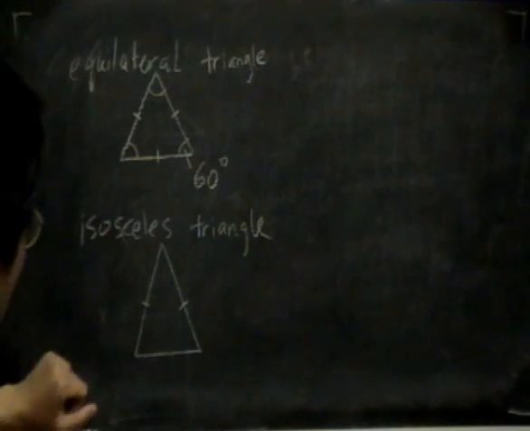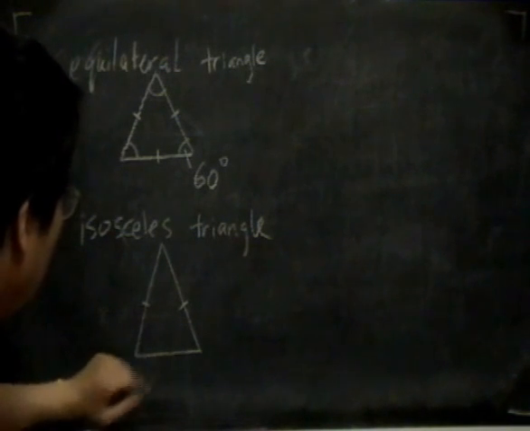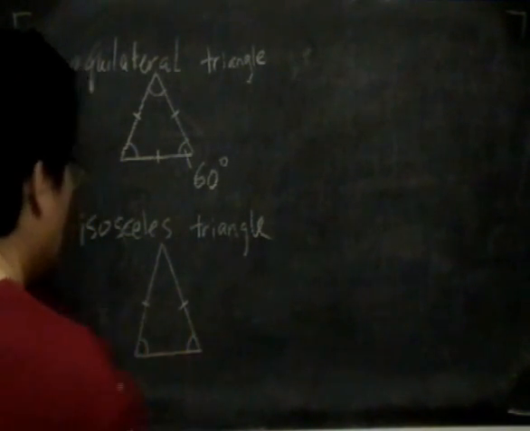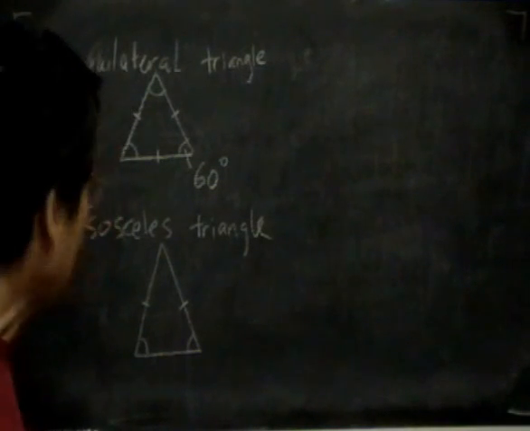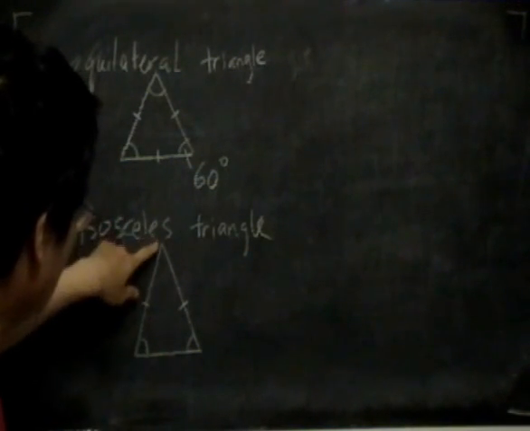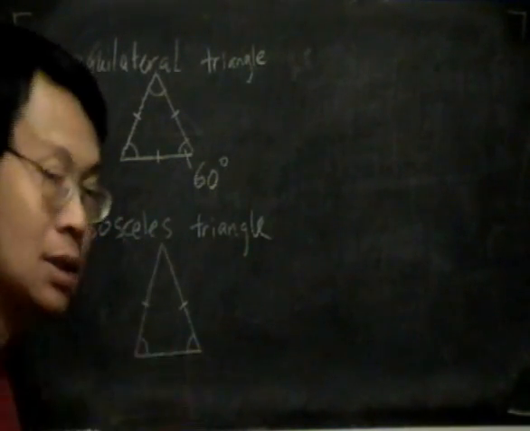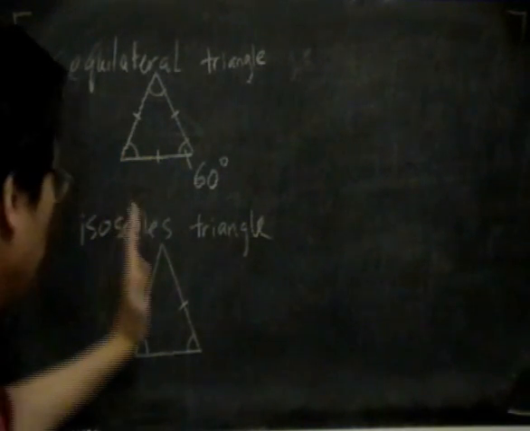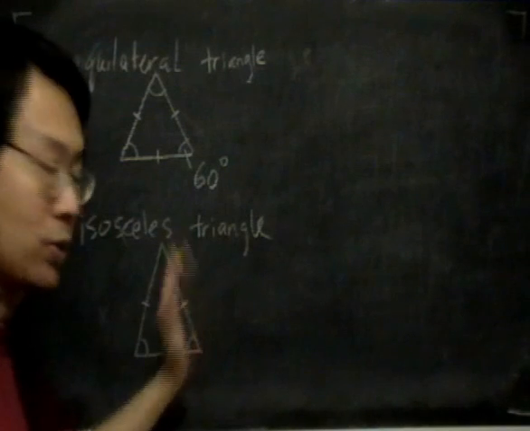Now there is also a property about the angle, which is that those two angles are equal. And you can see why, because since these two sides are equal, this side is symmetrical with that side.